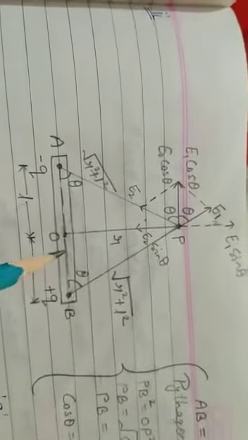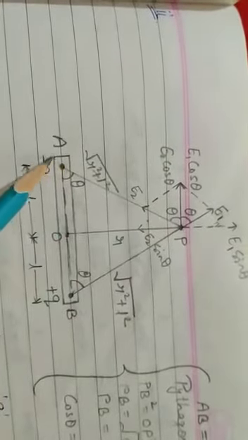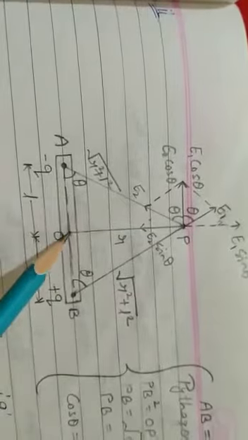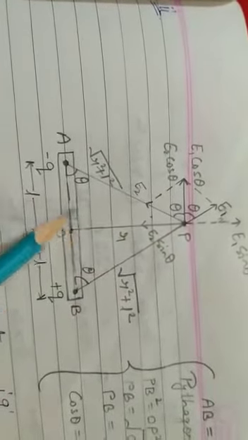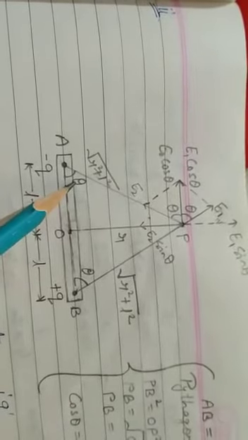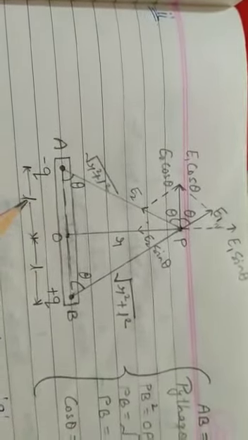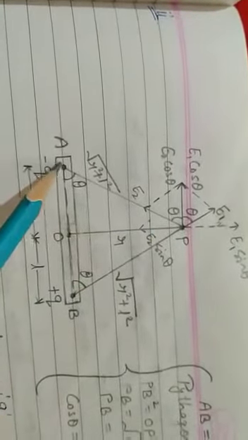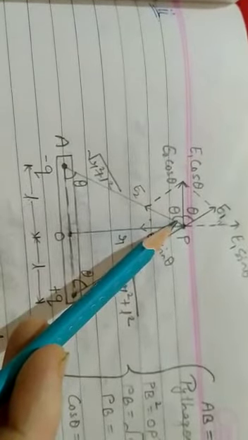If we want to find the distance of point P from the minus Q charge, then in this triangle AOP, you can see angle O is 90 degrees, angle A is theta. OA is the base, OP is the perpendicular, and AP is the hypotenuse.